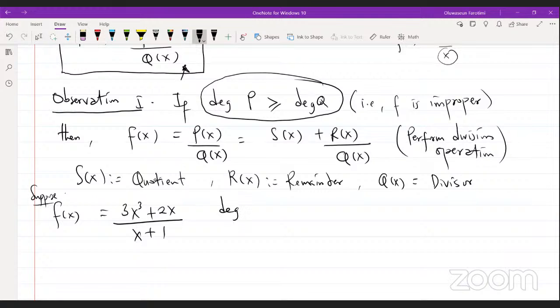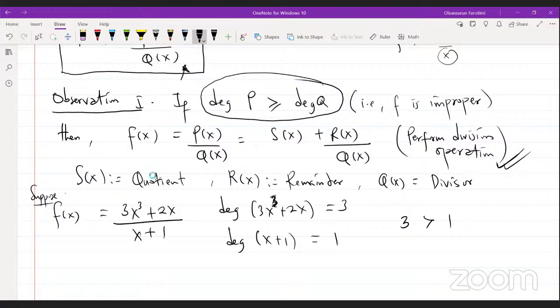So the degree of 3x cubed plus 2x is actually 3. That's the top. So what about the bottom? What is the degree of x plus 1? That's just 1. So clearly, 3 is bigger than 1. So whenever this happens, observation 1 says perform a division operation.